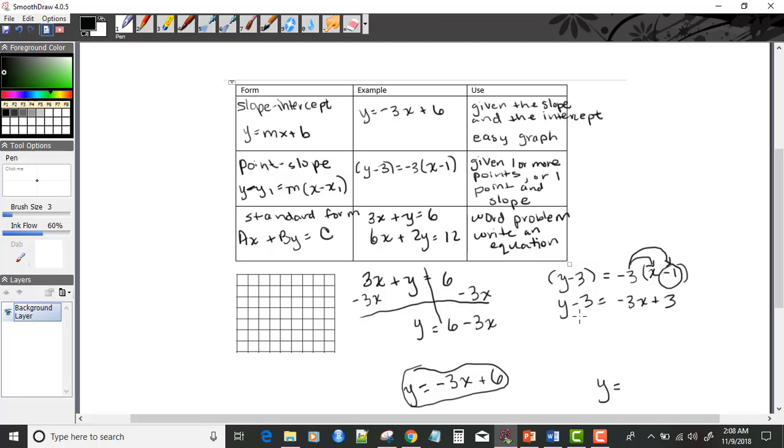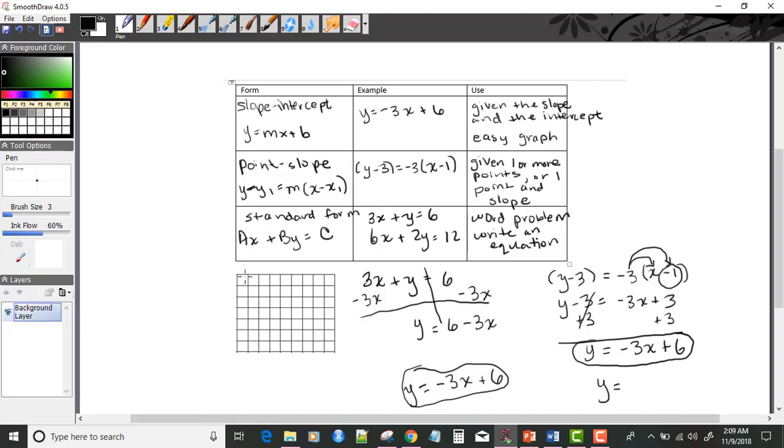So if I want y by itself, I'm going to do the inverse of subtraction here and add 3 to both sides. Once I do that, negative 3 plus 3 becomes 0. And I have y equals negative 3x plus 6, which is that same slope-intercept form. So it doesn't matter whether the line is written in standard form, point-slope form, or slope-intercept form, it describes the same line.